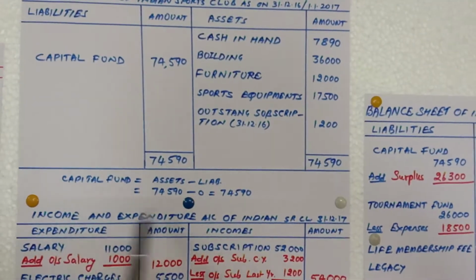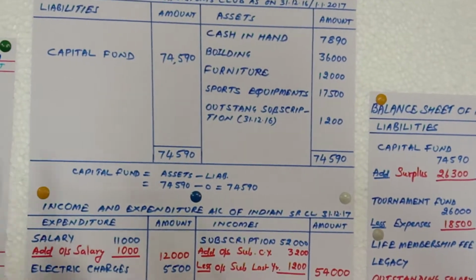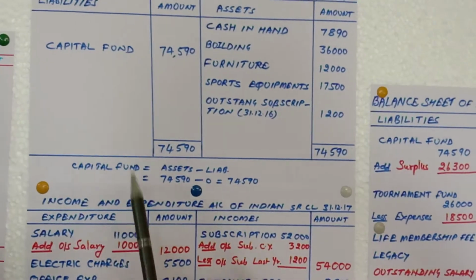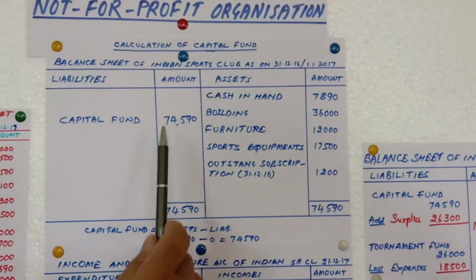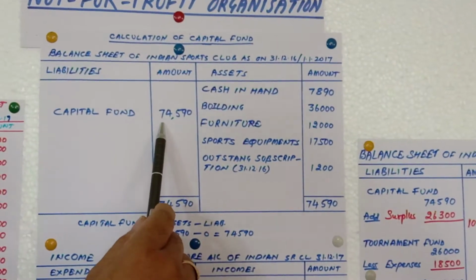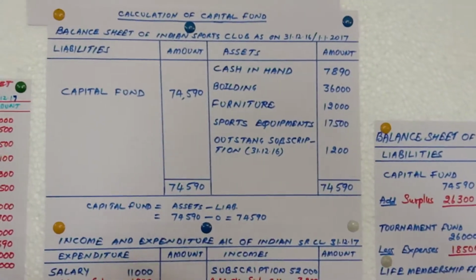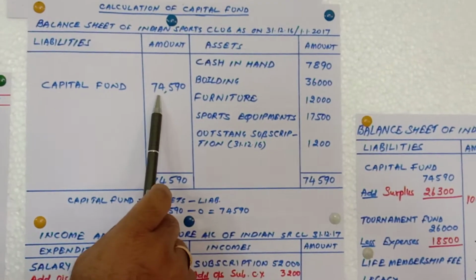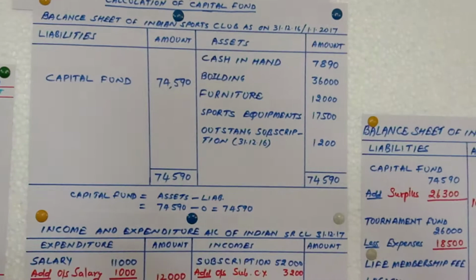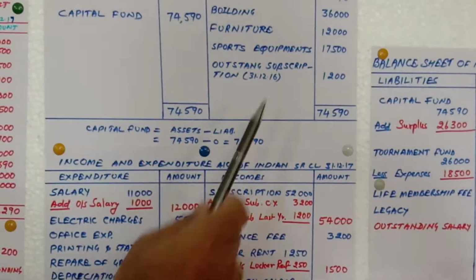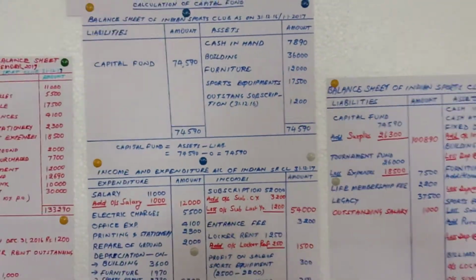When you add all this up and apply the formula capital is equal to assets minus liabilities, we get the capital fund of 74,590. This will be taken in the new balance sheet, that is the closing balance sheet, once again. So this is the capital fund.